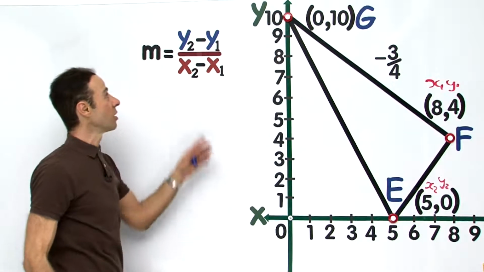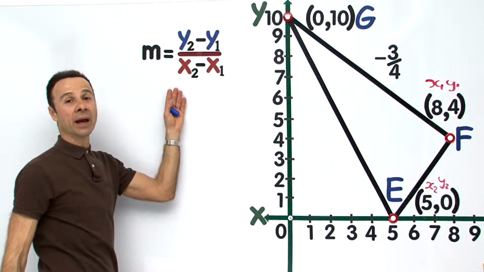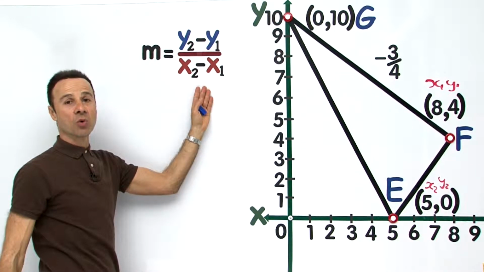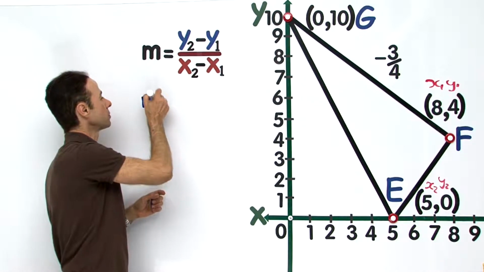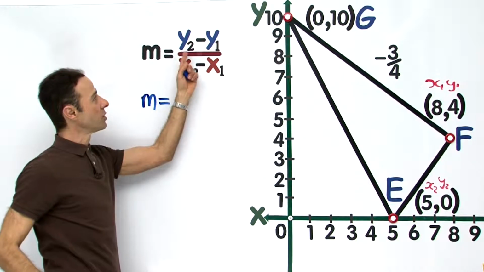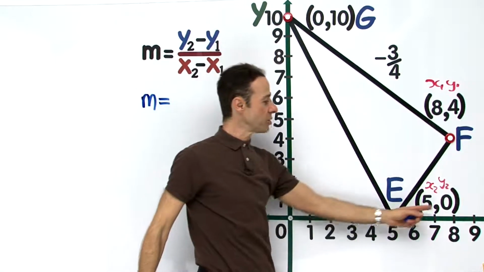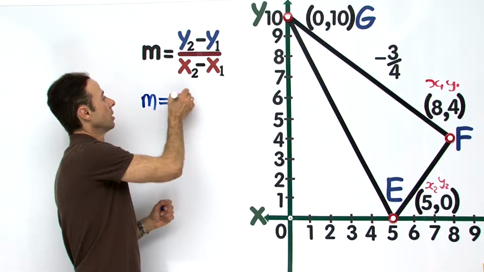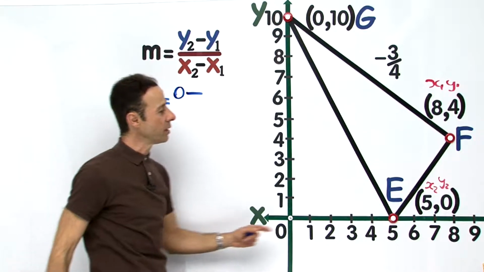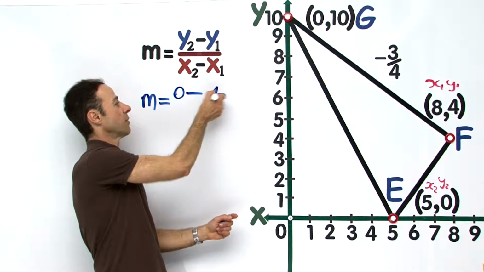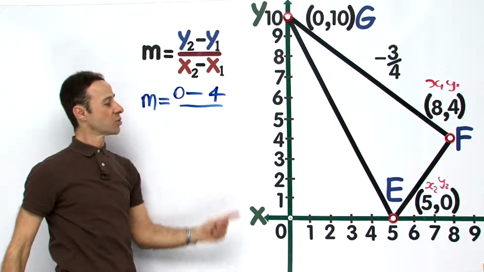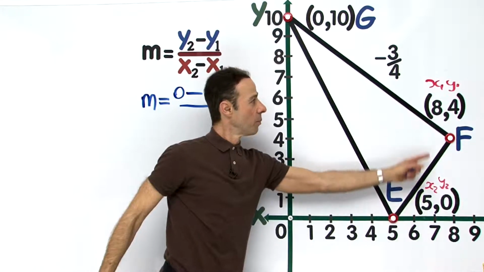Let's do that now. So y2 minus y1 over x2 minus x1, rise over run. Let's sub in there. So our gradient m is equal to y2 minus y1. Where's our y2? Down here, that's a 0, minus, where's our y1? It's up here, that's a 4. So there's our 4. x2 minus x1, 5 minus 8.